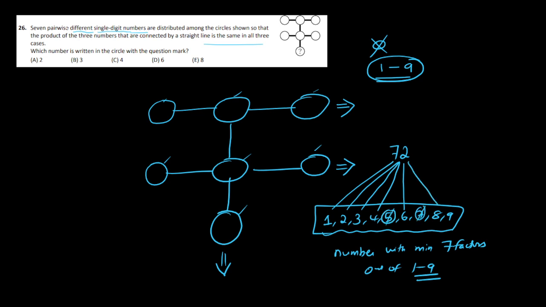And 8 is a factor, 9 is a factor for 72. So we have 1, 2, 3, 4, 6, 8, 9 that we can use in the spaces and try to see whether we can come up with something.